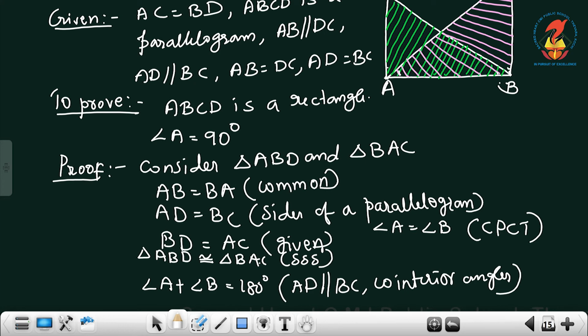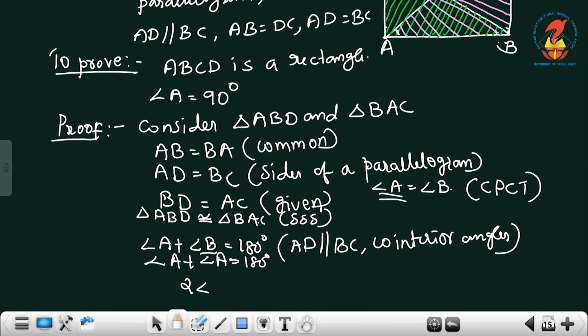Angle A equal to angle B, so in place of angle B you can write angle A. Therefore, angle A plus angle A equal to 180 degrees, so 2 angle A equal to 180 degrees. Therefore, angle A equal to 180 degrees divided by 2, equal to 90 degrees.